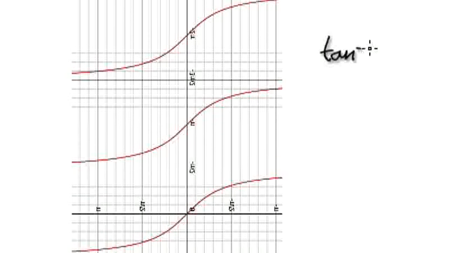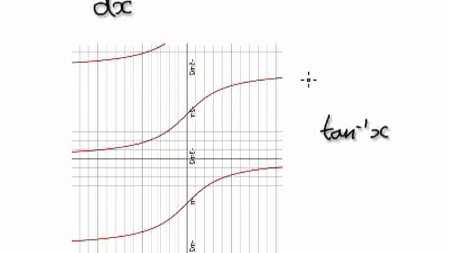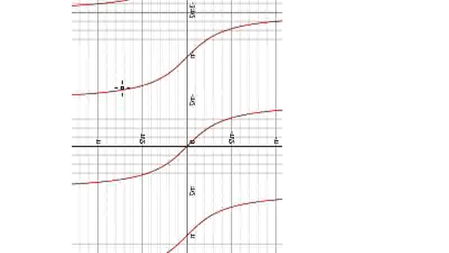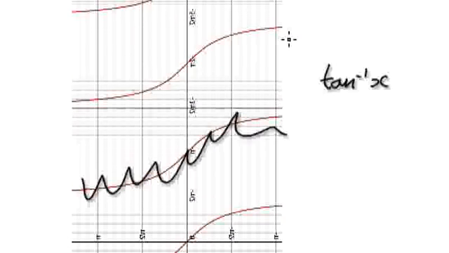When you reflect along the y equals x line, you get lots of lines like these. In order to create a function, we're going to discard all these lines and just keep one strand.